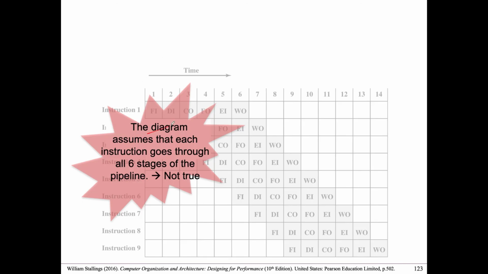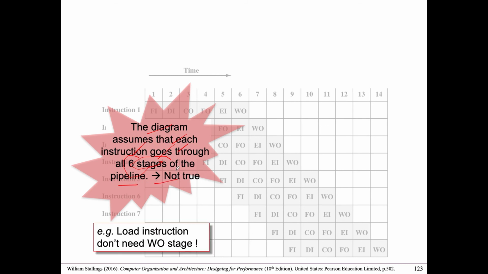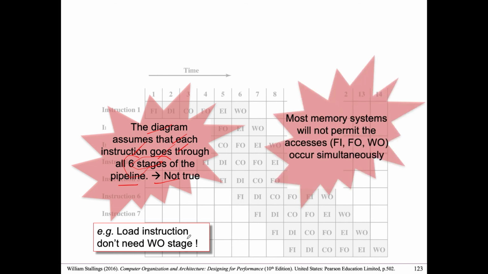And the diagram assumes that each instruction goes through all the stages of the pipeline. This is not true. For example, load instructions don't need the WO stage.